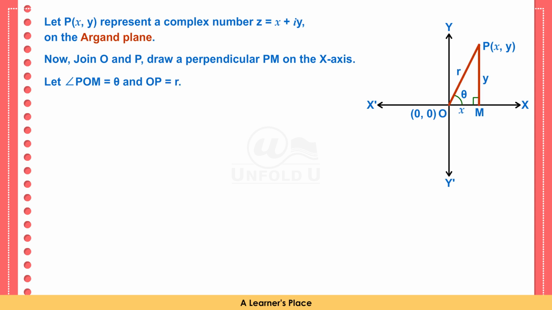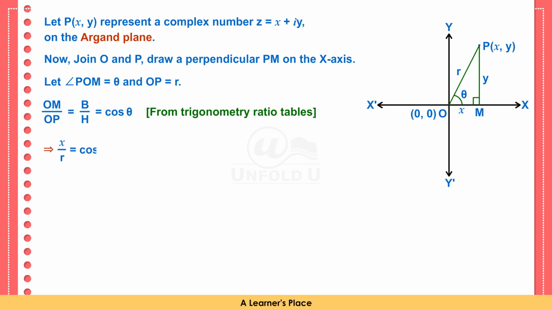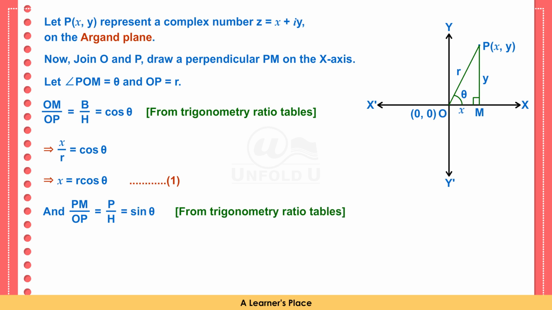In triangle OPM, OM upon OP is equal to base upon hypotenuse, which is equal to cos theta, which implies that x upon r is equal to cos theta, which further implies that x is equal to r cos theta, and PM upon OP is equal to perpendicular upon hypotenuse is equal to sin theta, which implies that y upon r is equal to sin theta, which further implies y is equal to r sin theta.